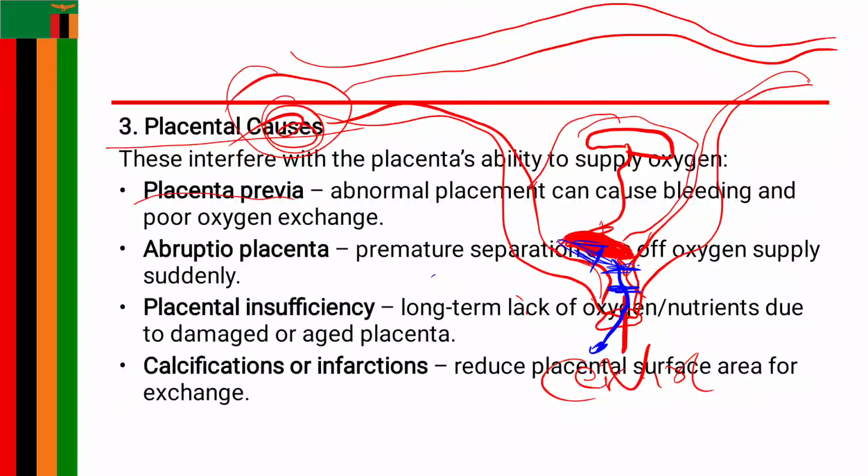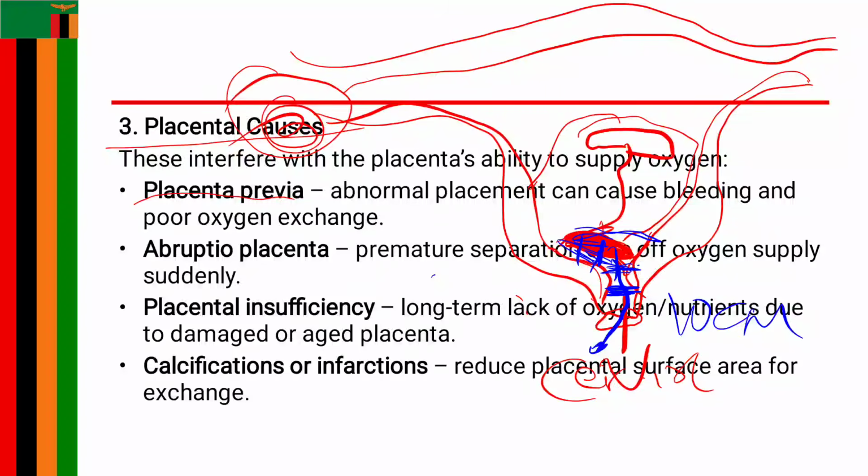Because the cervix has to open to around 10 centimeters, this opening will cause tearing of the maternal side, causing the mother to bleed before the baby is out, meaning that the baby would have been deprived of oxygen for some time.